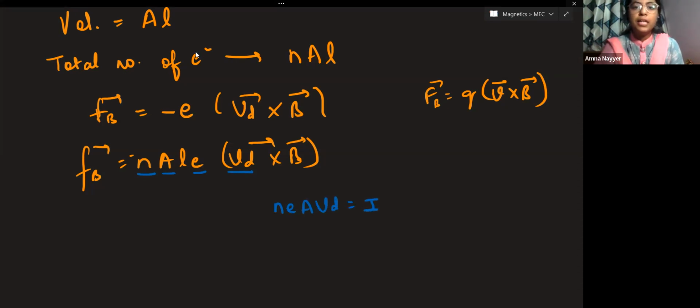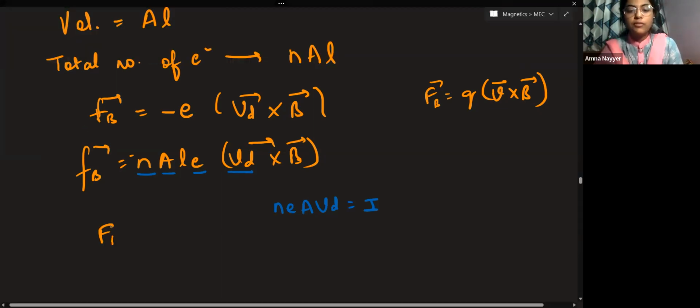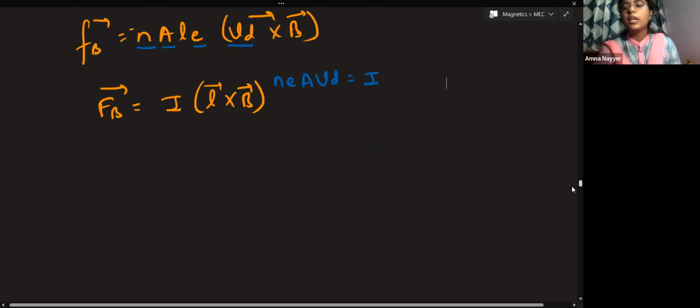So now in the main formula, I'll be replacing it. So the final formula becomes what? Instead of nAeVd, I can write the current. So now L cross B will be left. Or which I can write it as, what trigonometric component comes when we open the cross product? Sine.